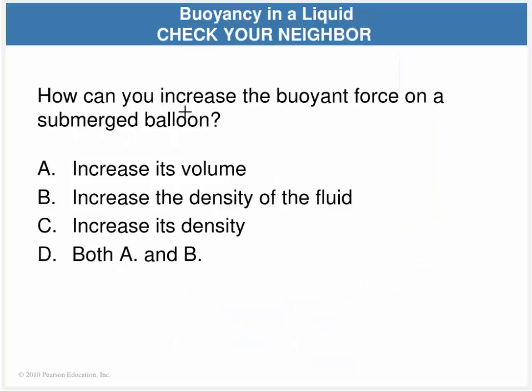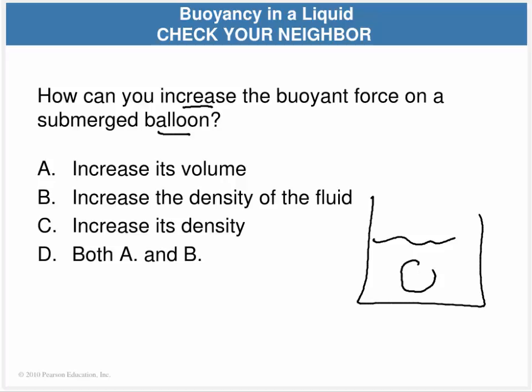So take a second and think about how you could increase the buoyant force on a submerged balloon. So I'll let you do that guy real quick. So there's my balloon, and we're going to submerge this thing into some fluid. And we know that the buoyant force is going to be equal to the density of the fluid multiplied by the volume that is submerged multiplied by gravity.